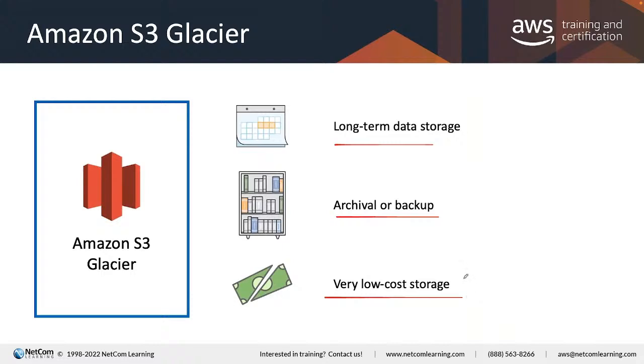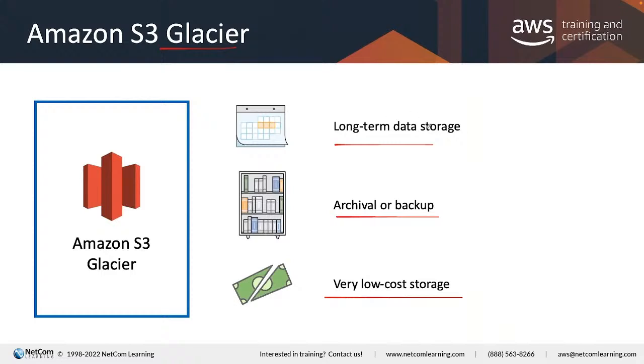As I mentioned, in Virginia, for $1 you can store 1 TB per month. Okay, you cannot even buy a hard disk for that. However, there are some requirements related to Glacier. If you're using Deep Archive, you must store the data for 180 days, and you also will not have immediate access to those data.